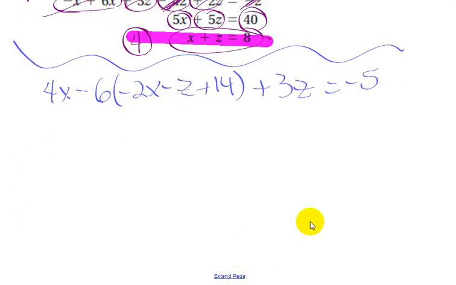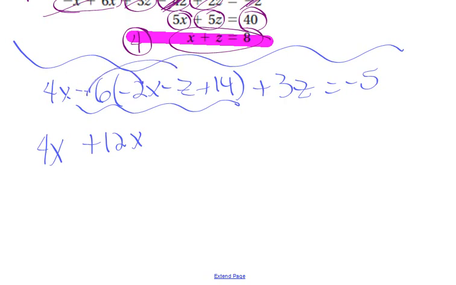Now let's do our distribution. All right. So we're going to have 4x. Now, negative 6 times negative 2x is a positive 12x. Now, negative 6 times negative z is a positive 6z. And negative 6 times positive 14 is going to be a negative 84.